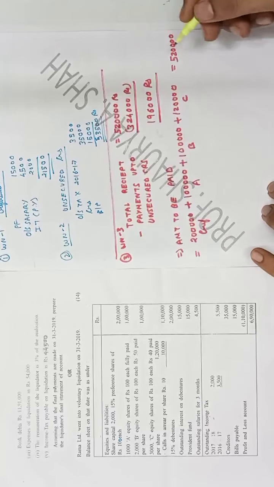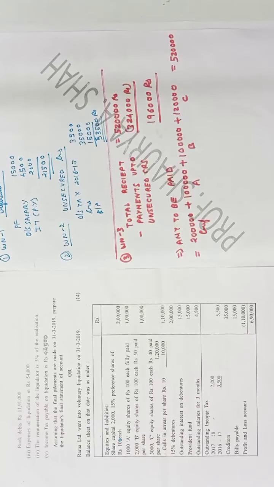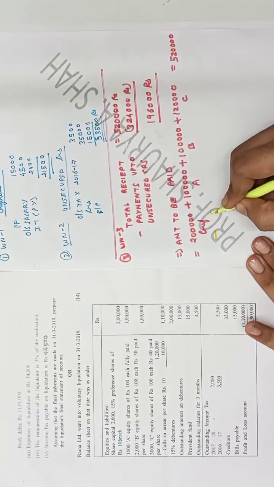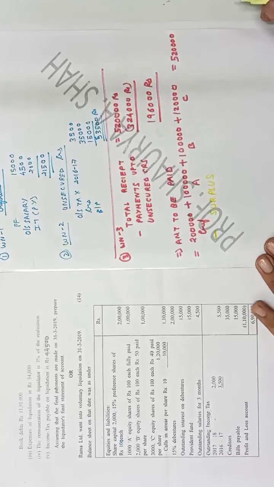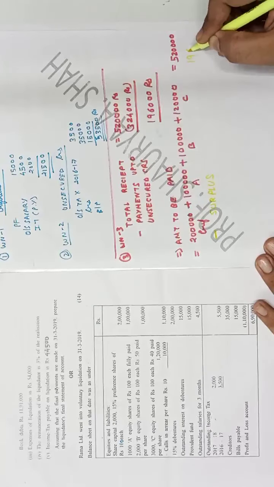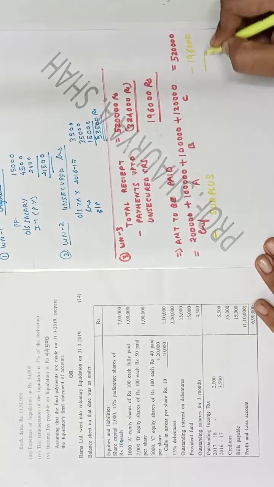Then my total amount, if you do, comes to your 5,20,000 rupees, right? Out of this 5,20,000, students, I am having the surplus amount. How much is my surplus amount? We calculated 1,96,000 rupees.